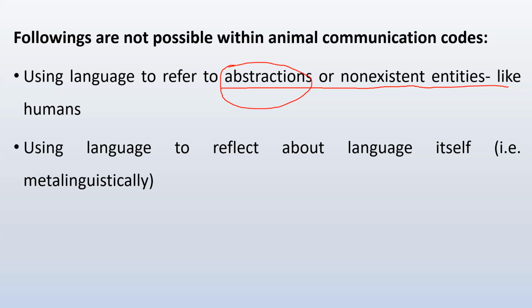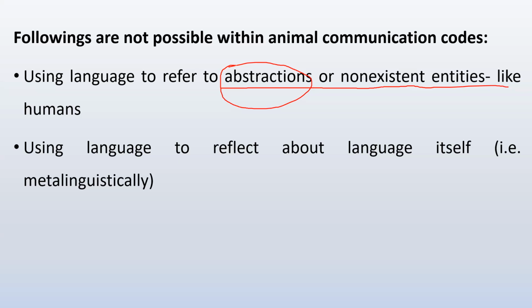The nouns like poverty, kindness, happiness, right? These are abstract nouns. So abstractions means the things which do not have any physical existence. Or non-existent entities. Non-existence means the things that never exist.